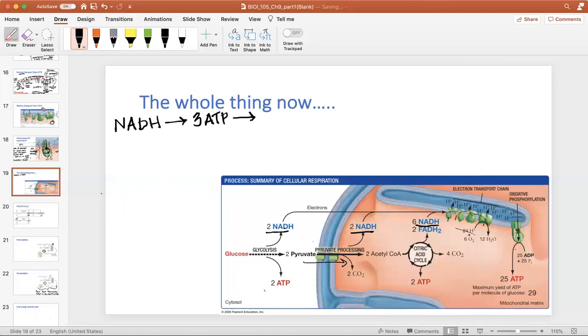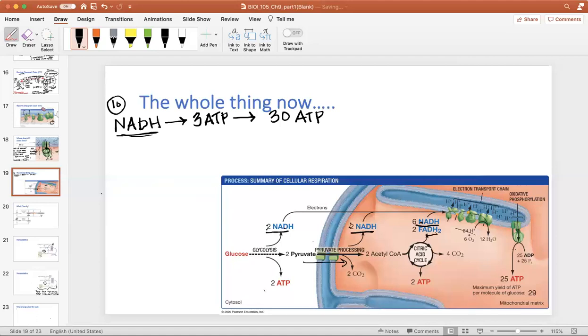So if we are oxidizing glucose and we add all these up, 6, 7, 8, 9, 10. For every molecule of glucose, we have 10 NADHs, 10 times 3, that's 30 molecules of ATP that we can make using the NADH byproducts that we get from breaking down glucose.